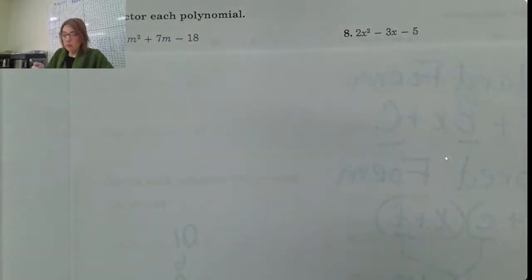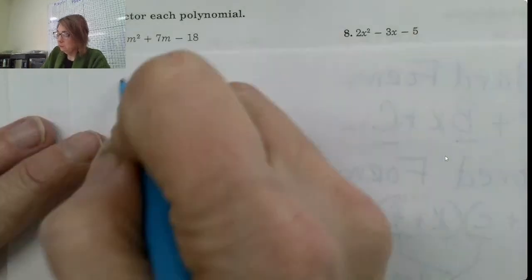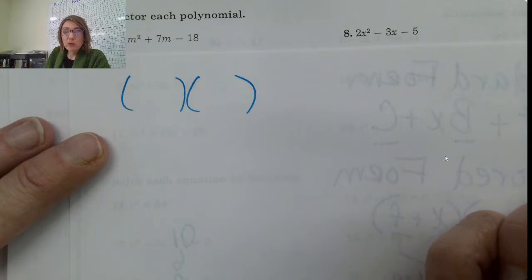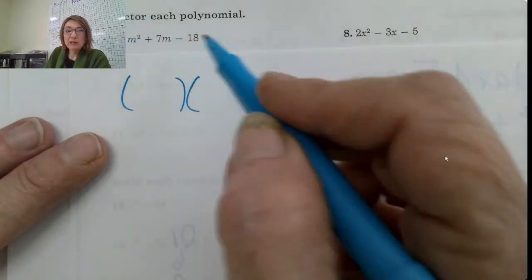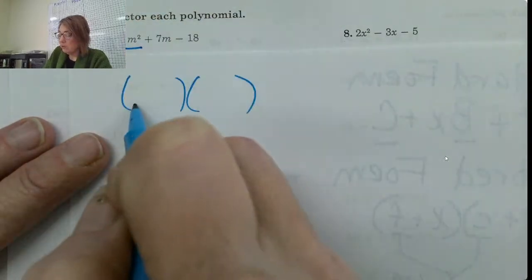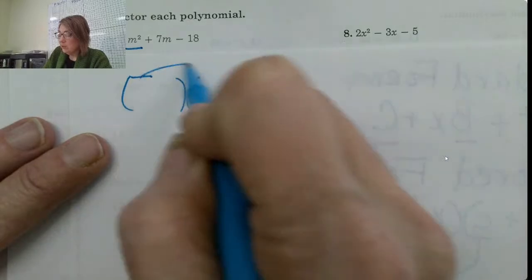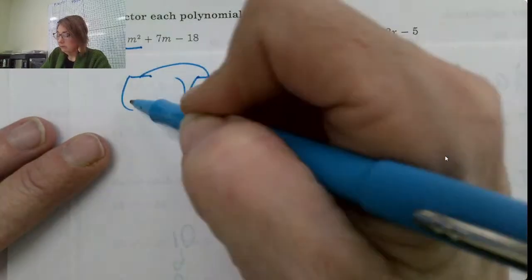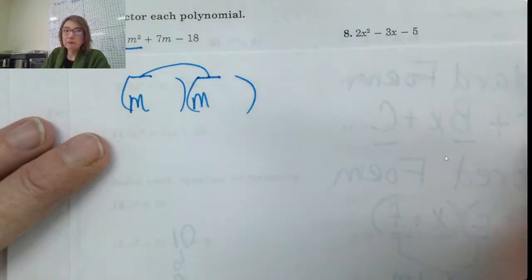So we're going to work backwards from this. Okay? So we're looking for which things multiply to get this stuff. Well, this right here comes from multiplying the first term times the first term. M and M.